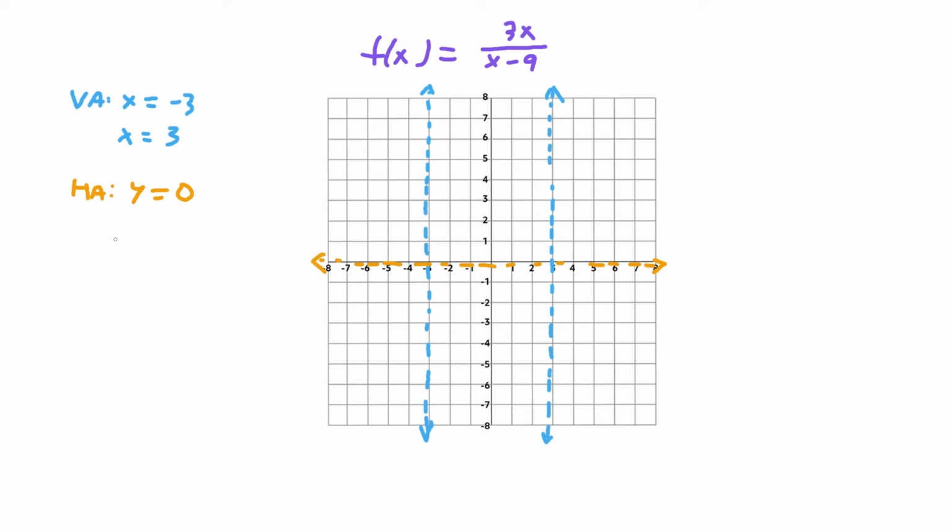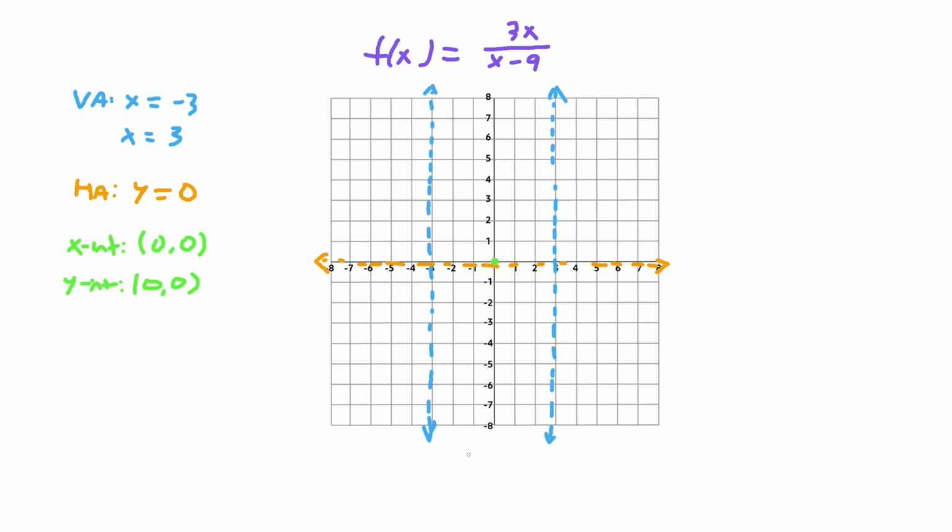And of course, we already found the intercepts, so we'll just go ahead and plot those out. After that, you'll want to find and plot one point on each side of each vertical asymptote. We'll do this by picking x values and plugging them into the function to get their corresponding y values.